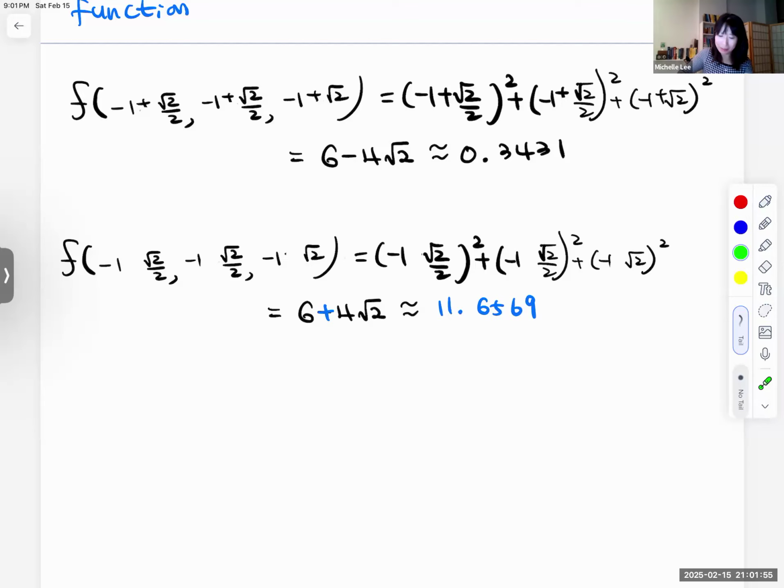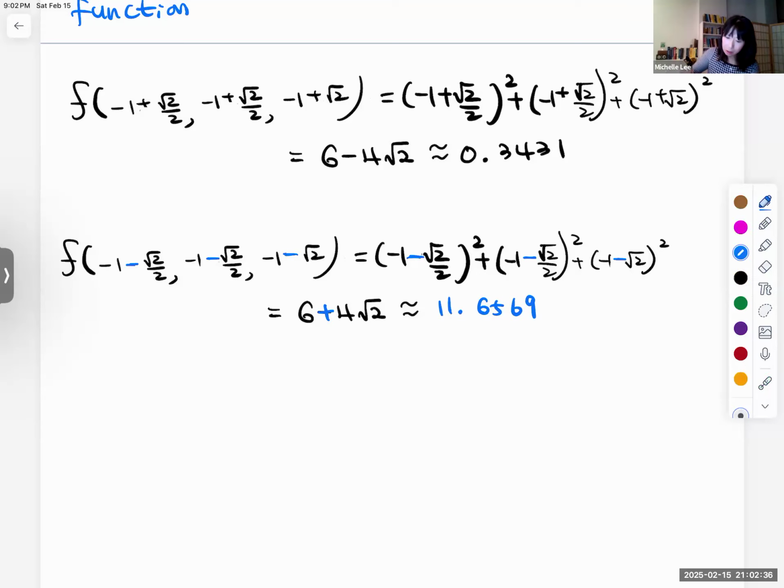Hold on one second. All right, so from addition to subtraction, I changed that, right? Then we have 6 plus 4 square root of 2. Then we get 11.6569. So this is a local extreme value, right?